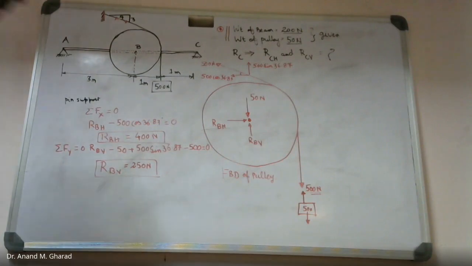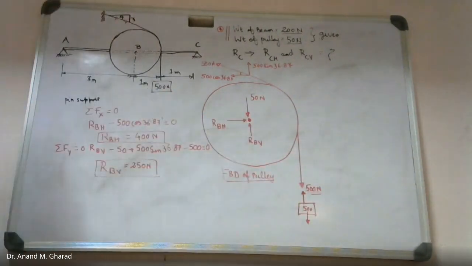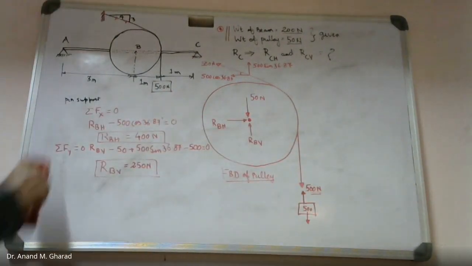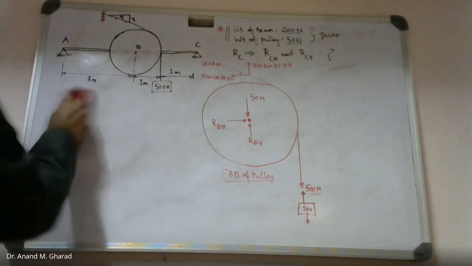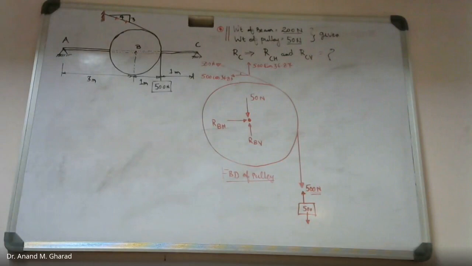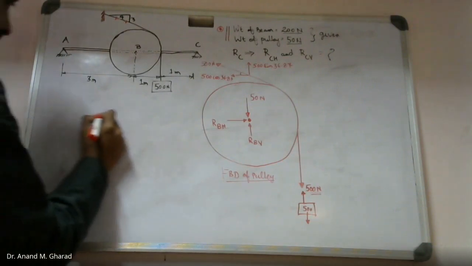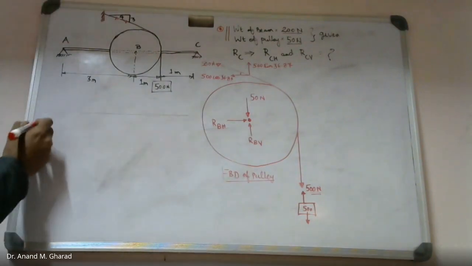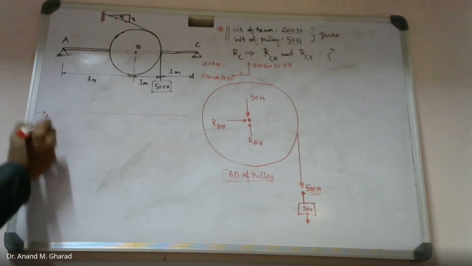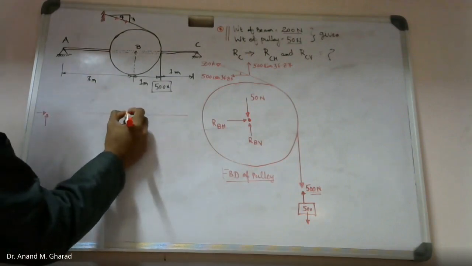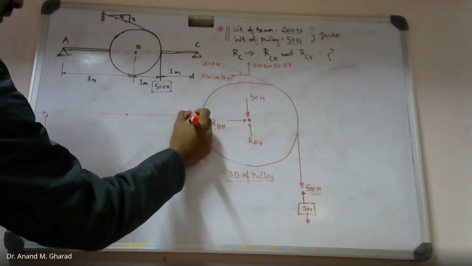Okay. Now we will go to the free body diagram of the beam. So in case of the beam support, which is like this, you have these two parameters over here at point B. Over here it is like this.